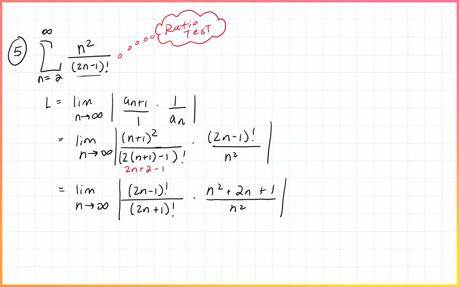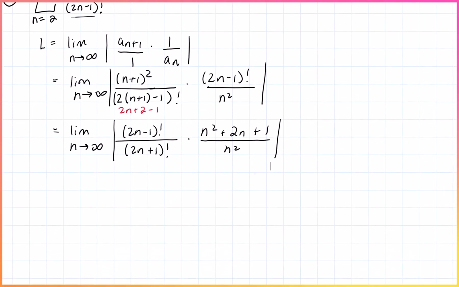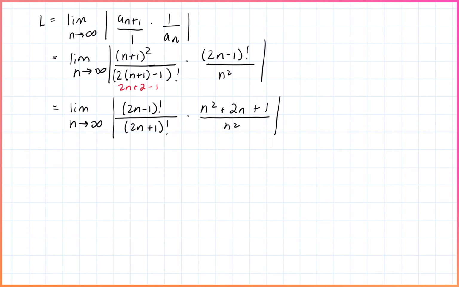Now, the thing with factorials, and I'm going to write this one out and then we'll talk about the relationship with the factorials, is they represent however many factors are given. In the numerator, we've got 2n minus 1 factors that start at 2n minus 1 and descend by 1 each factor until we get down to 3 times 2 times 1.